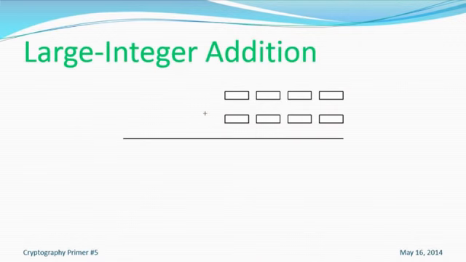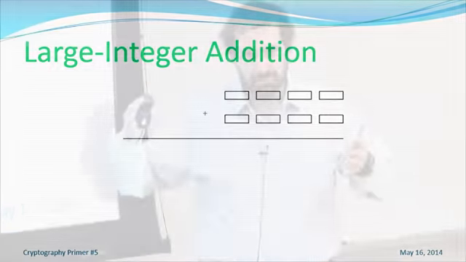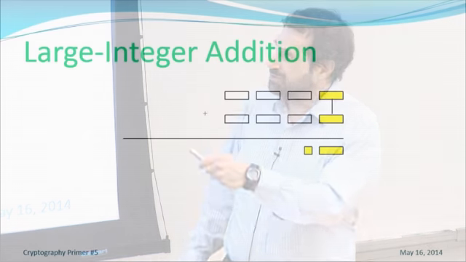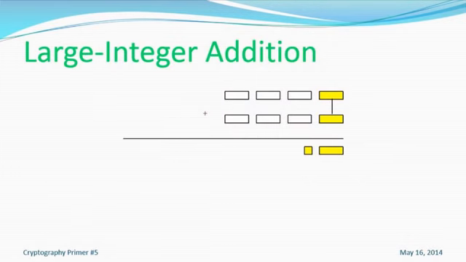When we have big numbers out there, they're broken up into blocks of 32 bits or 64 bits, depending on what kind of machine. So we've got these blocks here. And when we do addition, it's pretty straightforward. This looks just like what you learned in elementary school, except these aren't digits anymore. They're 32-bit blocks, say. So what you do is you take the first pair of blocks and you add them up, and you get a result, and maybe a little remainder there.